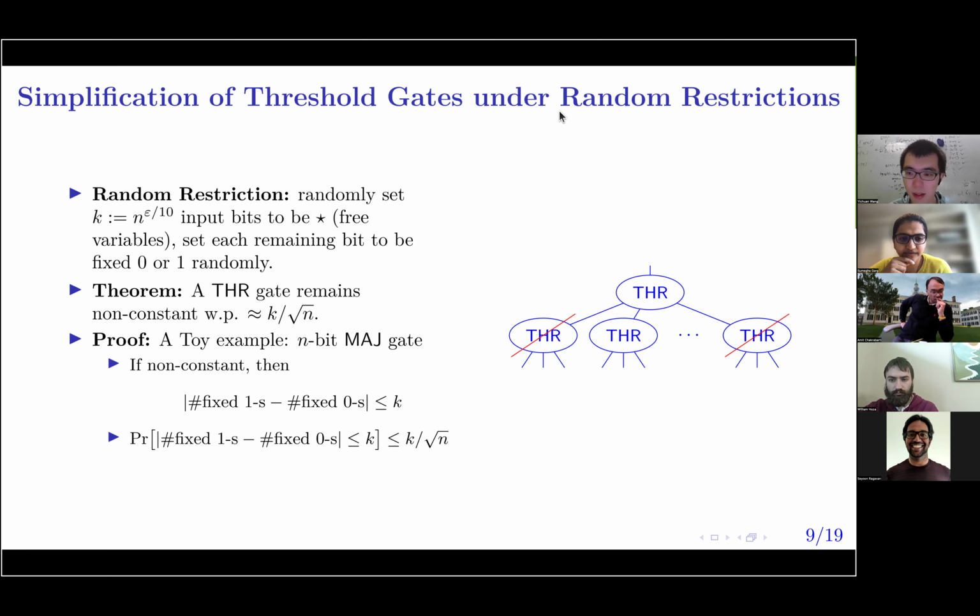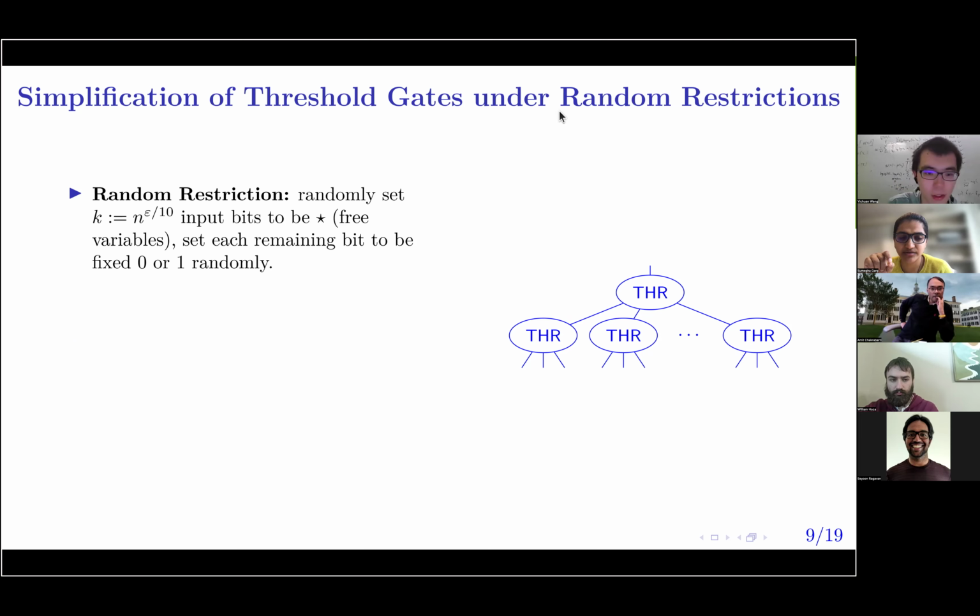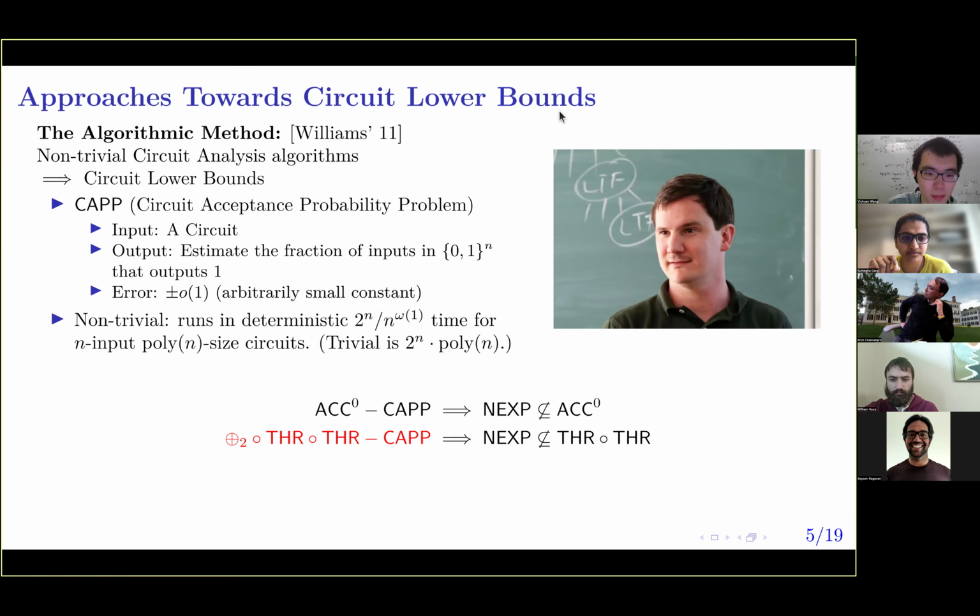I had a clarification question. The goal is to compute the probability that the answer is 1 or 0 completely, or up to an error? Okay, so today we will just focus on, the error for this count is plus or minus little o of n.